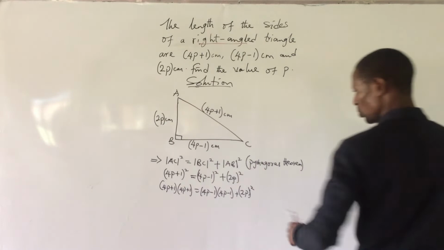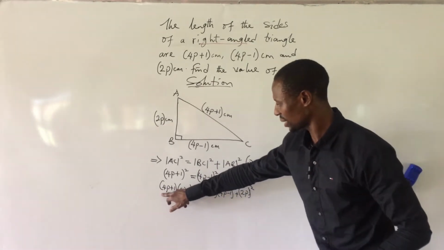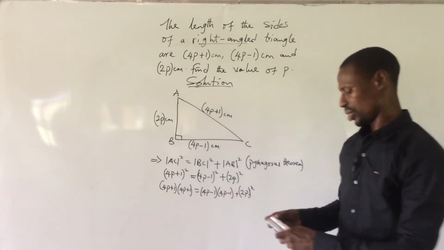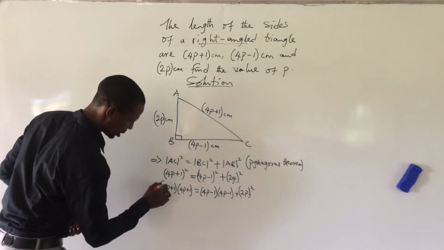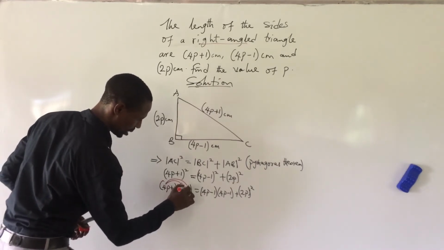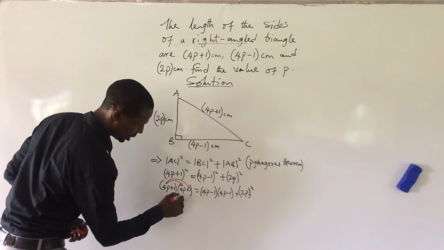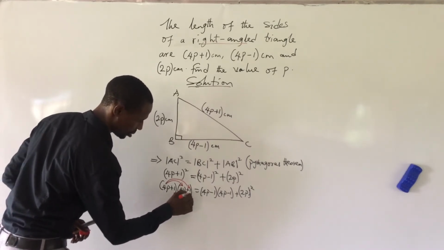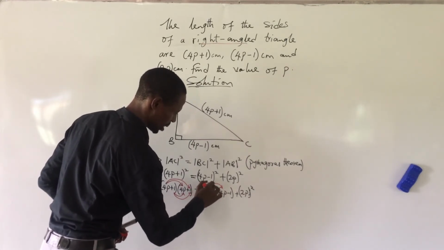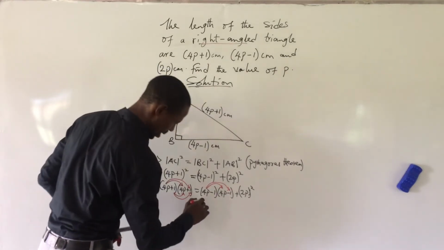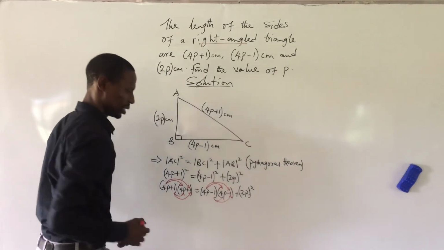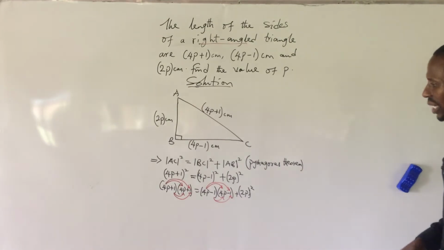Now we use the terms in the first bracket to multiply the terms in the second bracket: this into 4p, this into 1, then this 1 into 4p, and this 1 into 1. Very simple, so let's follow the arrow movement.